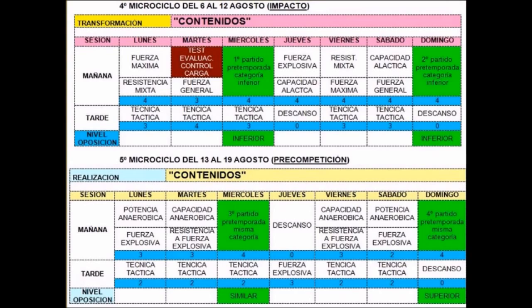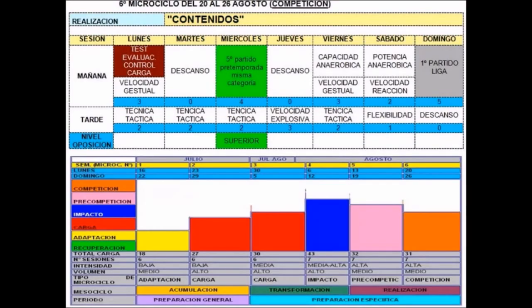And in the last microcycle, he's going to do the same thing, but at the end of the week and the middle of the week, he's going to start supercompensating, because he's going to play on Sunday. It's going to be the first match. So they're going to have a test on Monday, and speed, reaction, gestural speed, coordination, rest on Tuesday. On Wednesday, they have another friendly match against a team from the same level, okay?